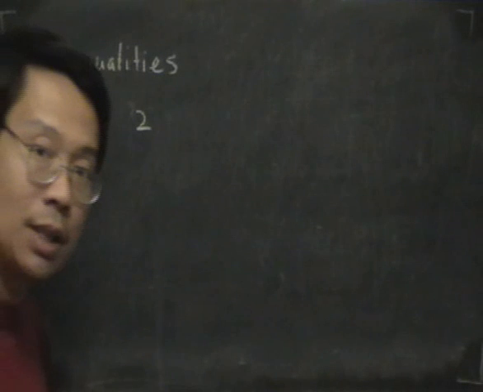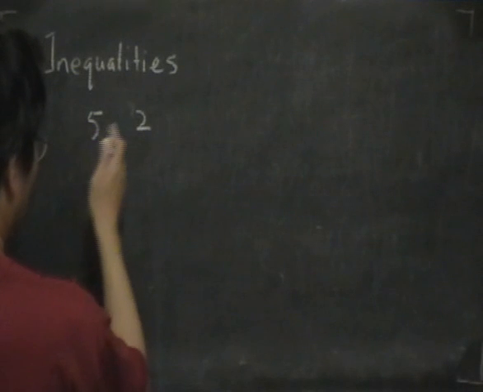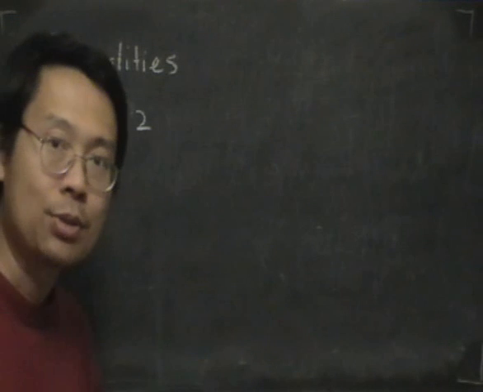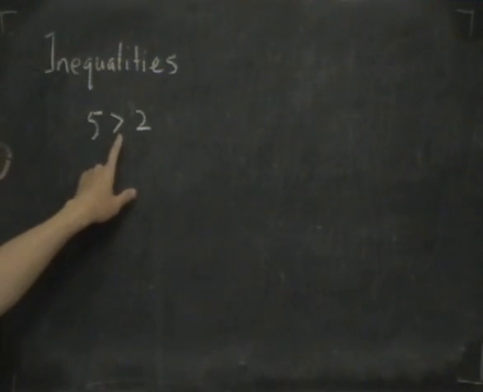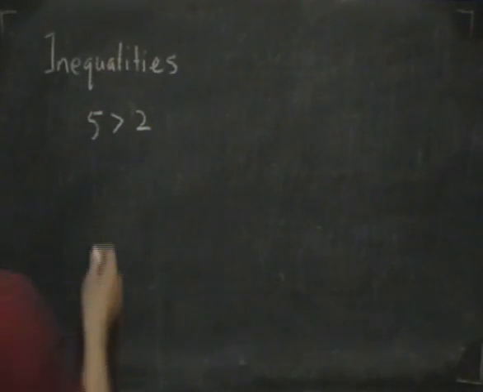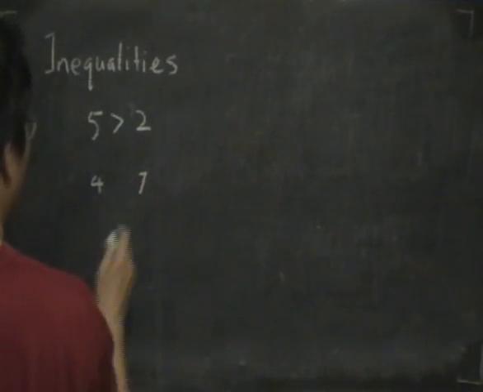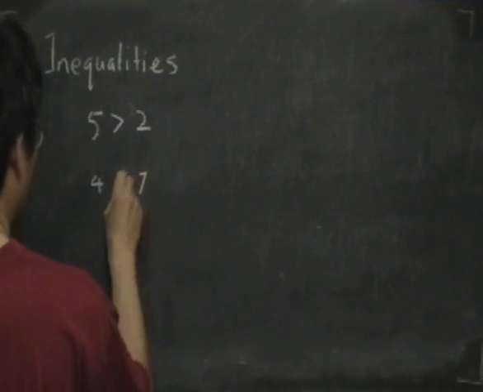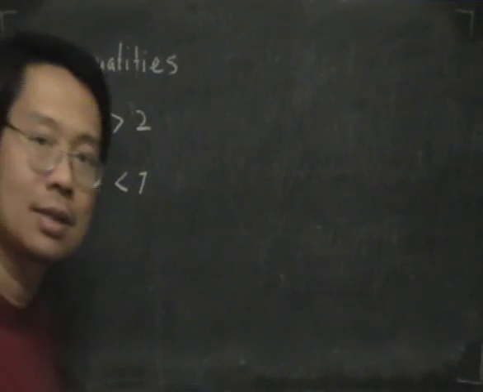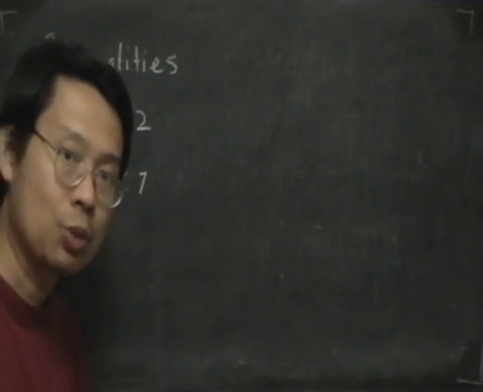And if 5 is bigger than 2, we represent this relation by that symbol. So this symbol means that 5 is bigger than 2 or greater than 2. Okay? So for another example, if I have a 4 here and a 7 here, I can write that symbol, which means that 4 is less than 7. So we are interested in this kind of relation as well.